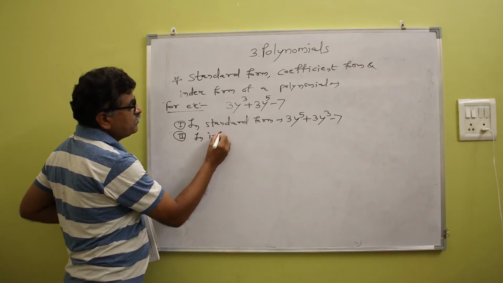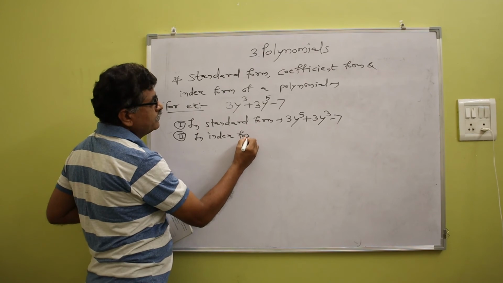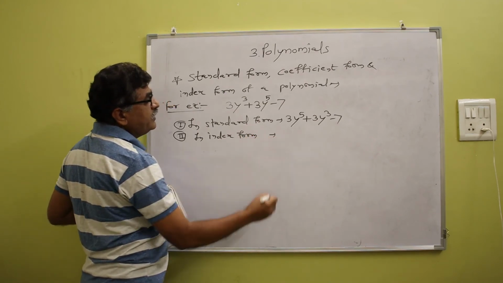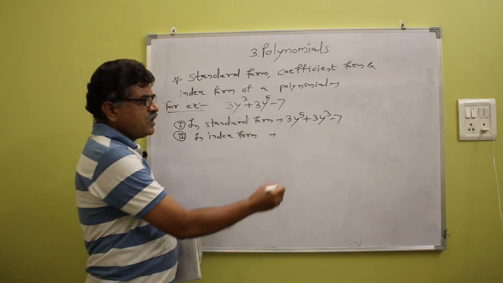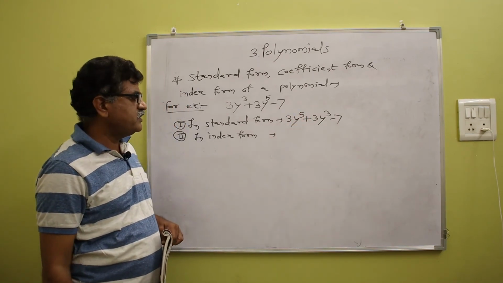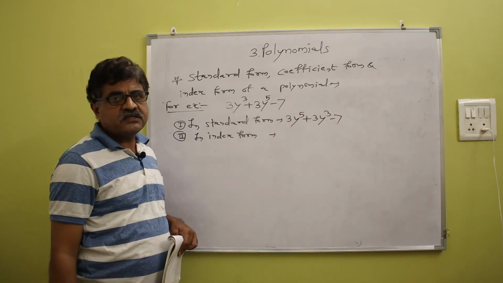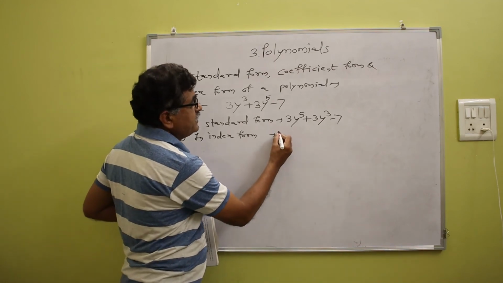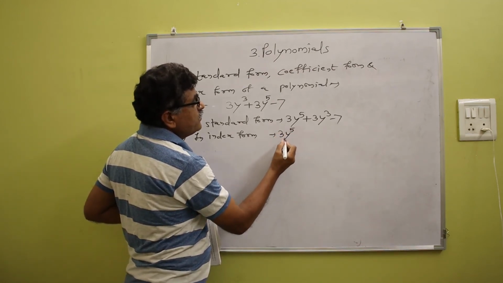In index form. Now here highest power is 5, therefore in index form this polynomial contains 6 terms, that is 3y to the power 5.